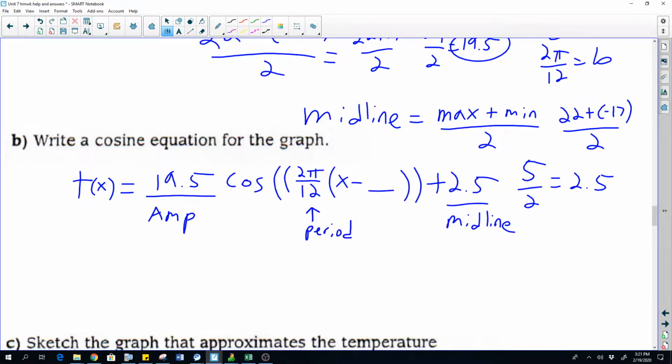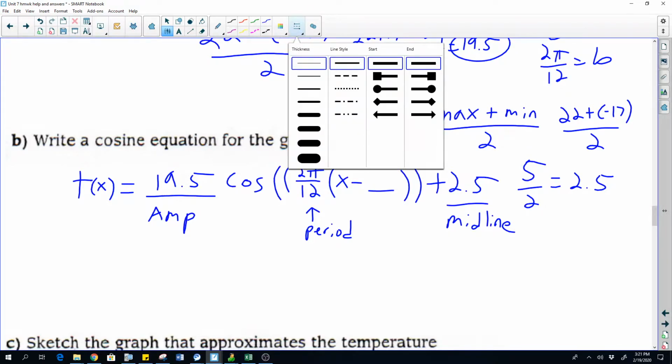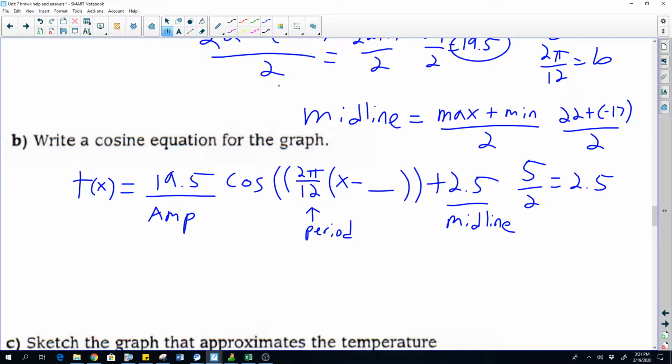Cool. And then again, 12 is our period there. Okay, so this last part, whoa. So let's see if I can explain this hopefully well enough to you. Basically, what goes here, this value, is going to be an x value. It's the x value that's associated with the y value, temperature.